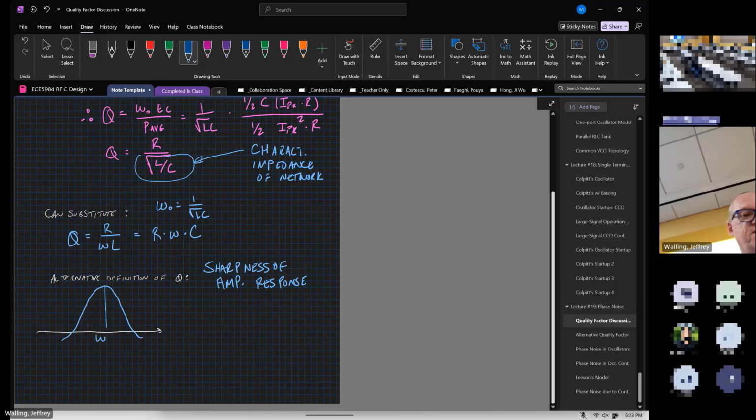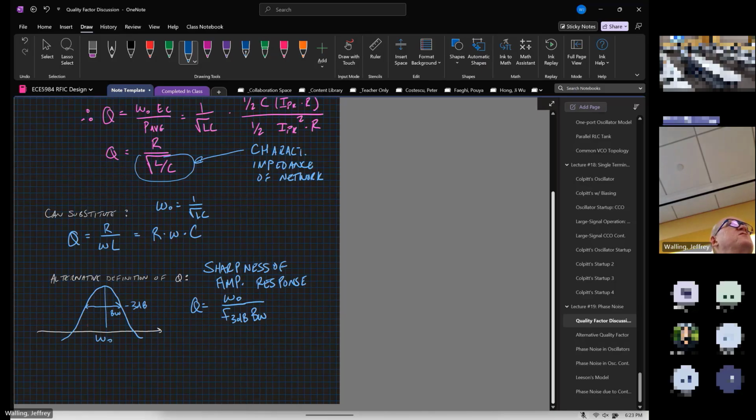It has a center frequency omega naught, and it has some bandwidth at the minus 3 dB points, and we say that Q is equal to omega naught divided by the 3 dB bandwidth of the circuit. If we calculate Q in this way, you should find that they are exactly equal to one another.